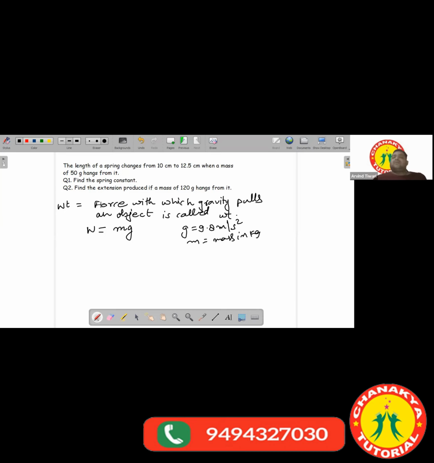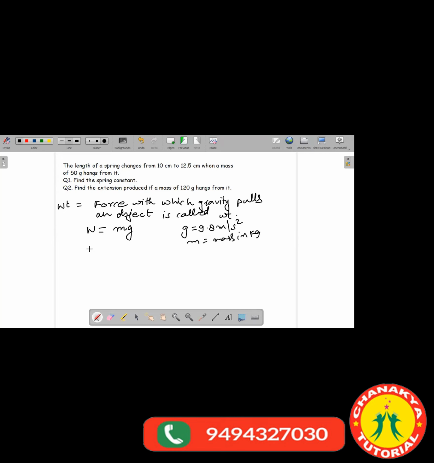We have a mass of 50 gram. How much Newton will it be?